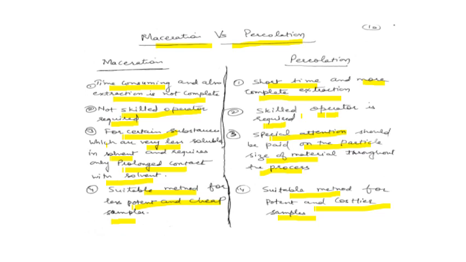Then we learned maceration and its different types: simple, modified and multiple maceration. After that, percolation, its advantages and disadvantages, and the difference between these methods of extraction.